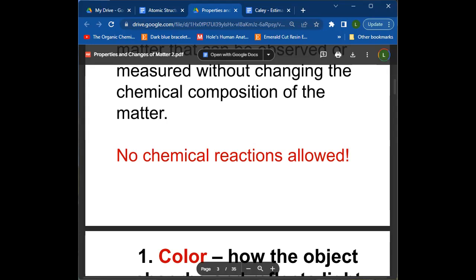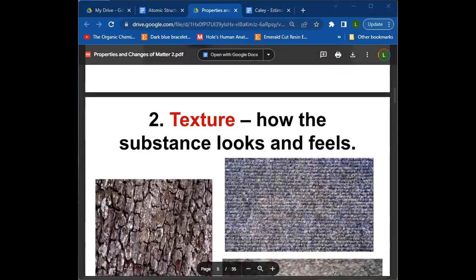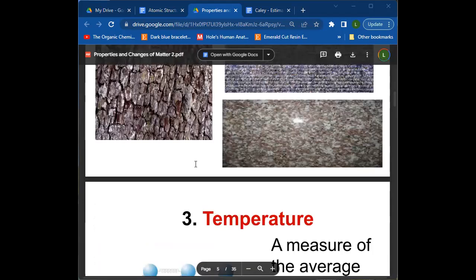Okay, so there are a lot of physical properties. For example, color would be an example of a physical property. And then texture would be an example of a physical property.